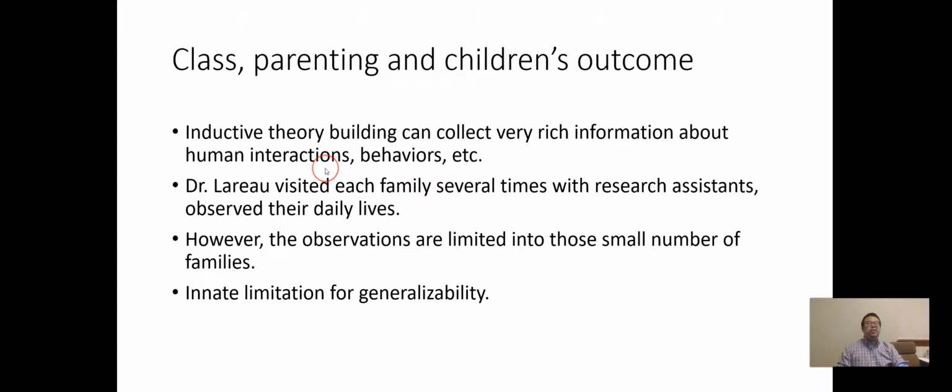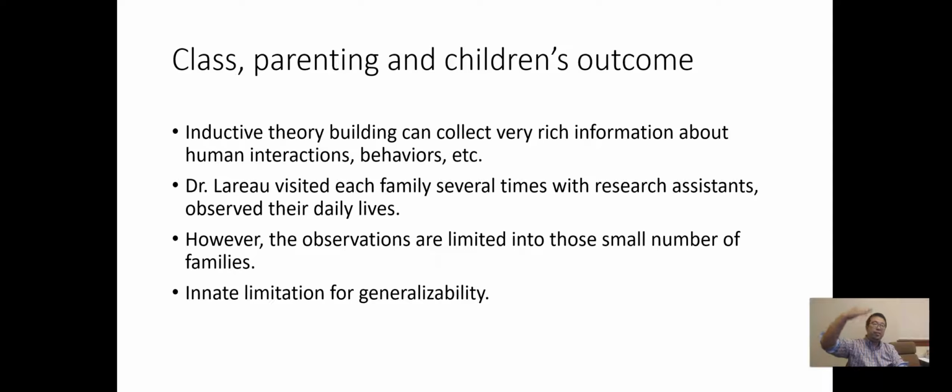So in their observation, Professor Lareau had 20 families and 30 families in the Philadelphia area in Pennsylvania. And then they started from the observation. So they visited the families, and after having their consent, they observed their verbal interactions and their communication.